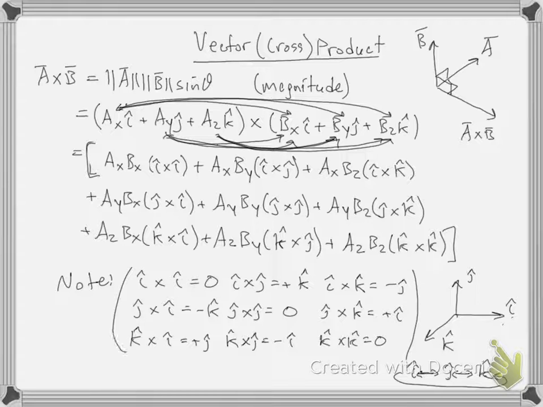Okay, so keep this in mind, because now we can use that to evaluate some terms up here and simplify those. Okay, so every term that has identical unit vectors crossing each other is 0. So that goes away, that goes away, and that goes away.